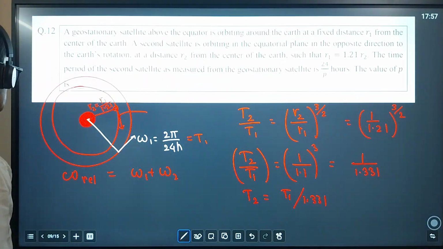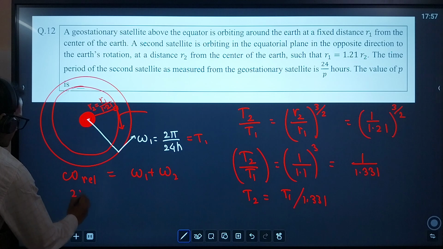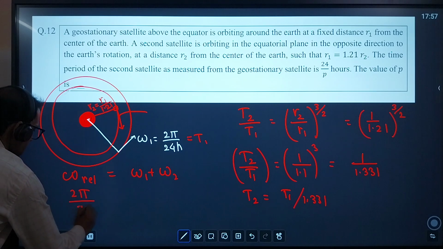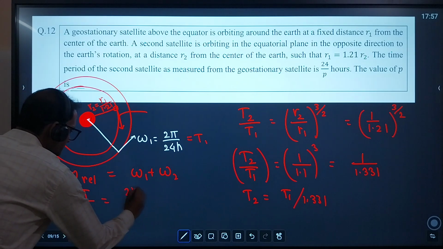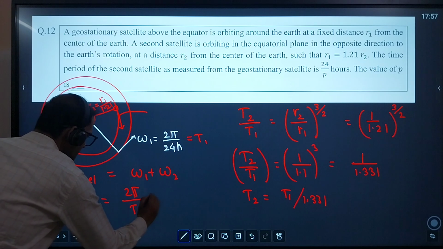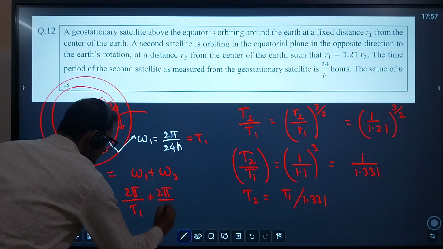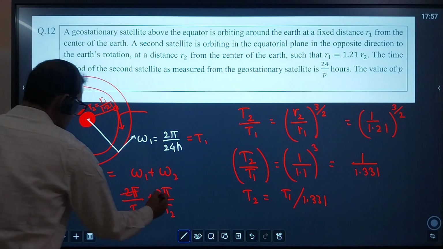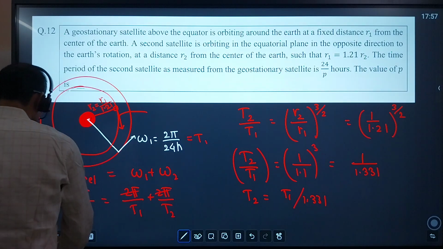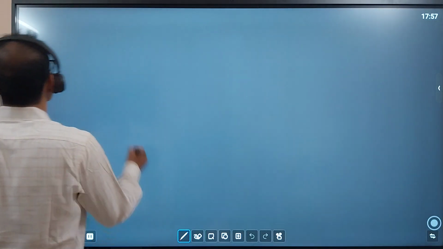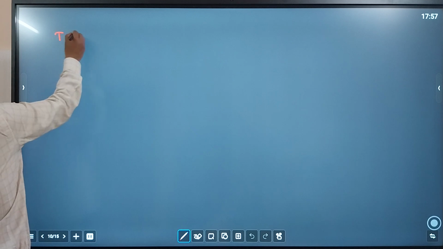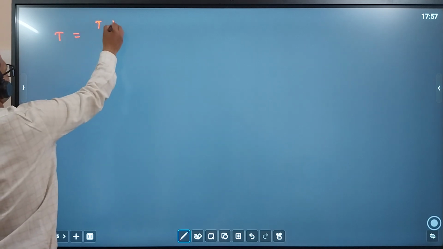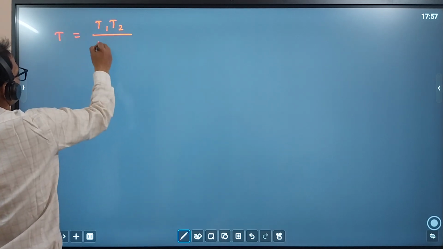So 2 pi by T will be 2 pi by t1 plus 2 pi by t2, and 2 pi you can cancel out. So T will become t1 t2 divided by t1 plus t2.